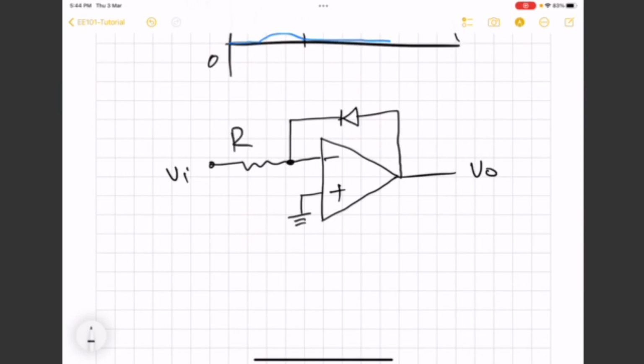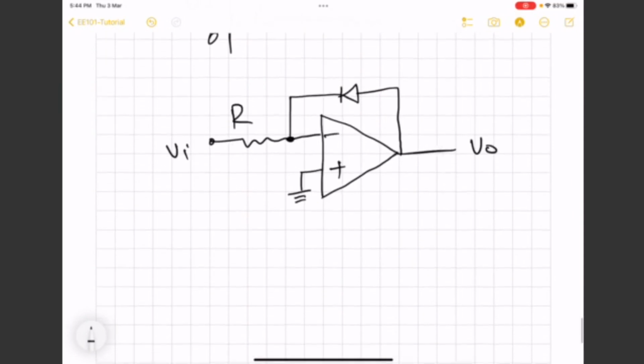For this analysis, we will assume that the diode is ideal, but you can take 0.7. It will have a little impact on the operation. But in fact, let us try to take it as 0.7.